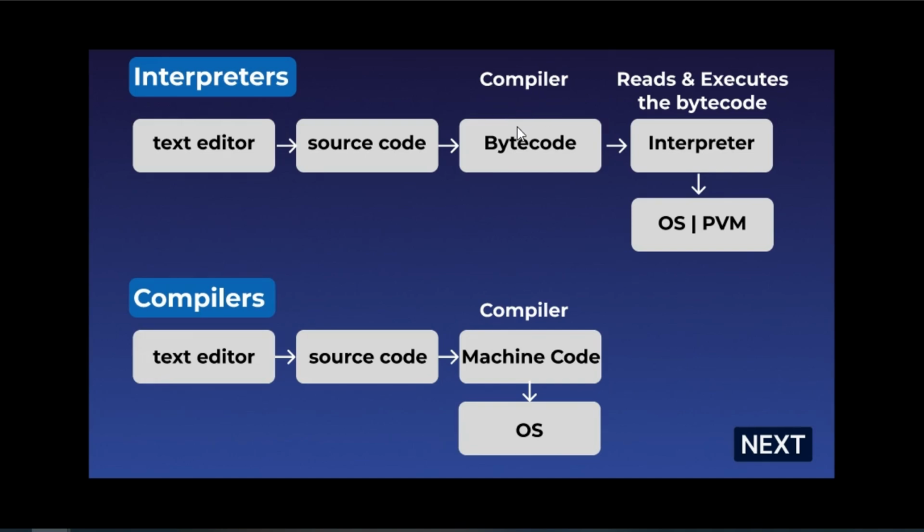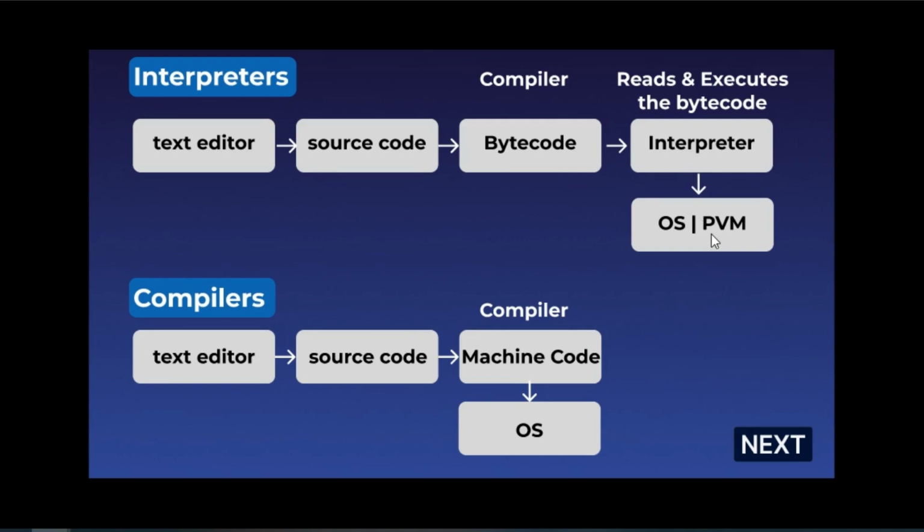Okay, now let's have a look at the difference over here. So if you have a text editor like VS Code, you would use that to produce or develop your source code. Okay, and then the minute when you open up your terminal and type Python followed by the name of the file and you press enter, that is when the compiler starts working.